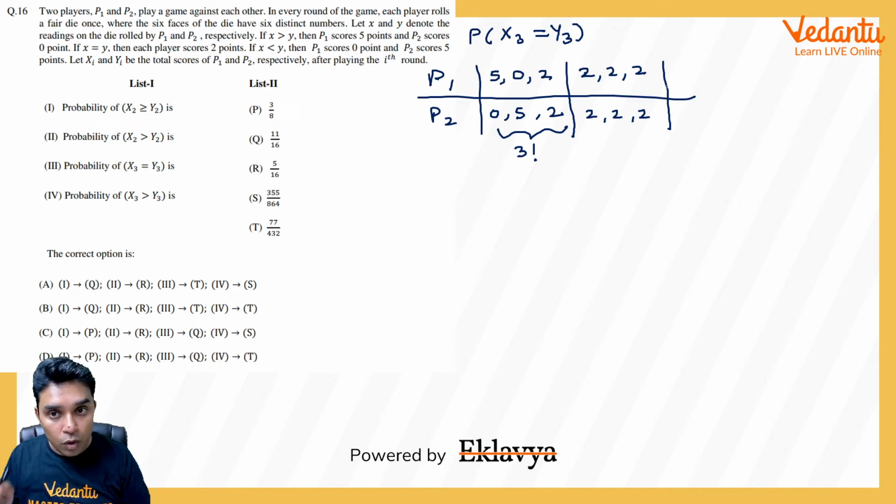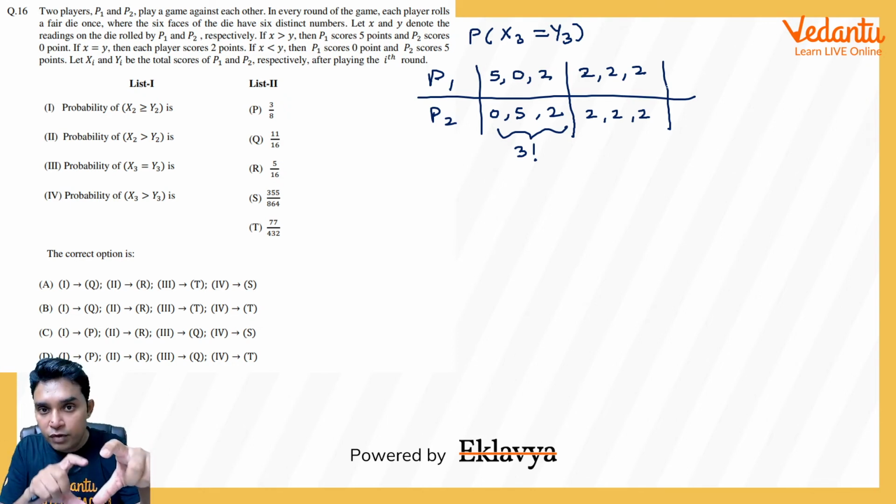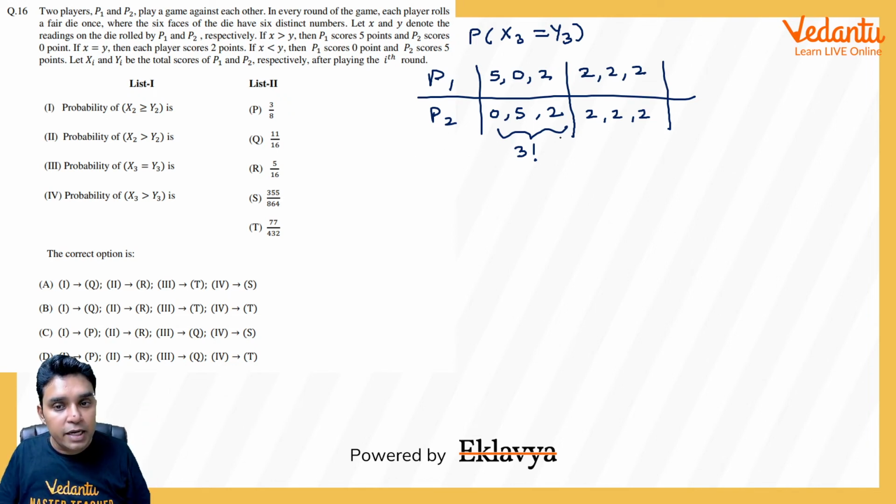Then 1 draw, so in 1 draw you will have the same score. In the other 2 matches which are not draws, you want the same score. That means in one match one should win, in another match the other person should win. So that I have already taken care of. So I think these are the only 7 cases, 3 factorial cases here and 1 case here.